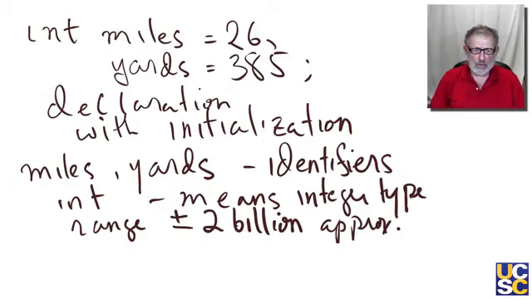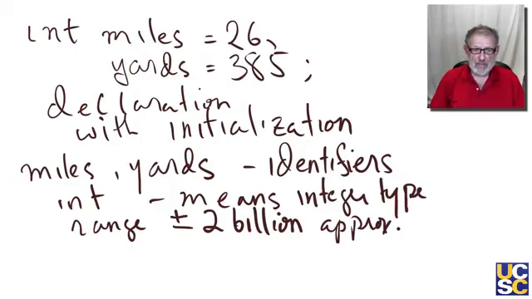And recall that on a normal machine, which is typically a 4-byte machine, where an integer is 4 bytes, you can get roughly plus and minus 2 billion. So if you go outside that range, something's going to go wrong.